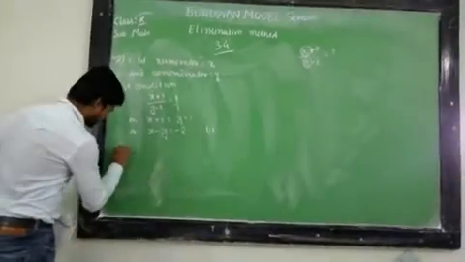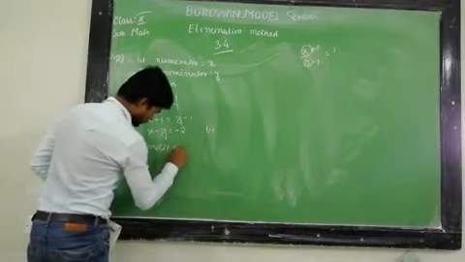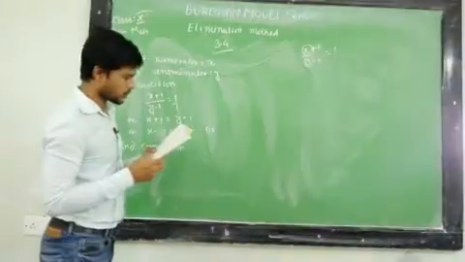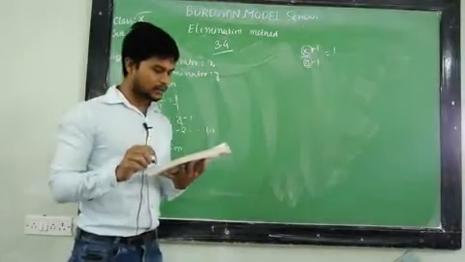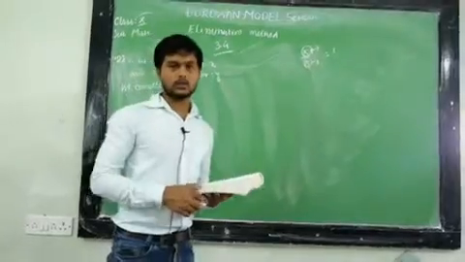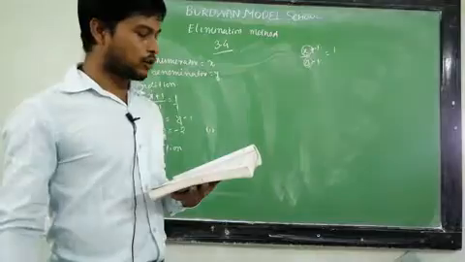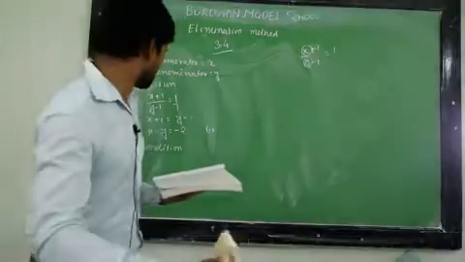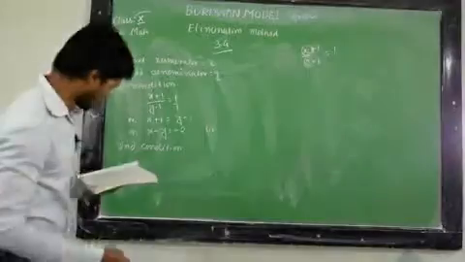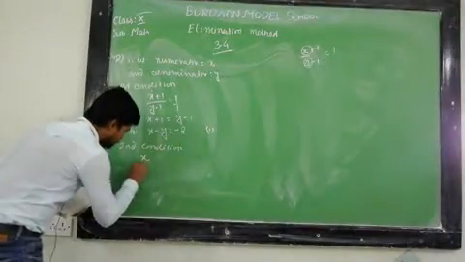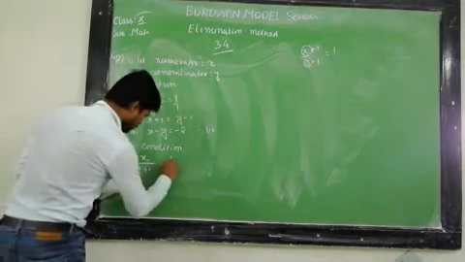Now look at the second condition. It becomes half if we only add 1 to the denominator. So if you add 1 to the denominator, the value of the fraction will be half. So the second condition will be x by y plus 1, that is equal to half.